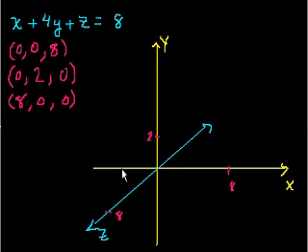Now, we could draw a line connecting these, and this wouldn't necessarily be the graph, but it'll help you visualize the graph of the plane represented by this three-variable linear equation. Let me do it in a really light color. So there.